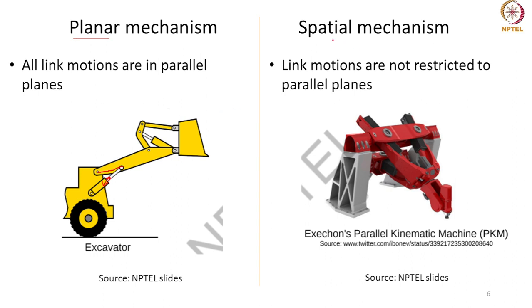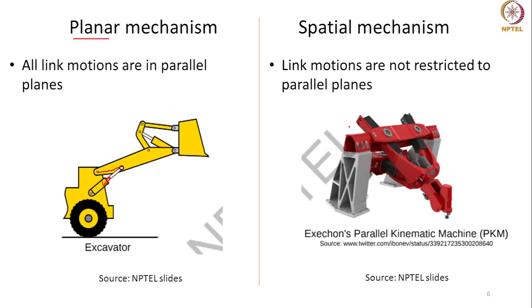In the real world, we also need spatial mechanisms, where the link motions cannot be restricted to just 3 degrees of freedom. We need to have 6 degrees of freedom for a few links. Such mechanisms are called spatial mechanisms, and the link motions are not restricted to just parallel planes.